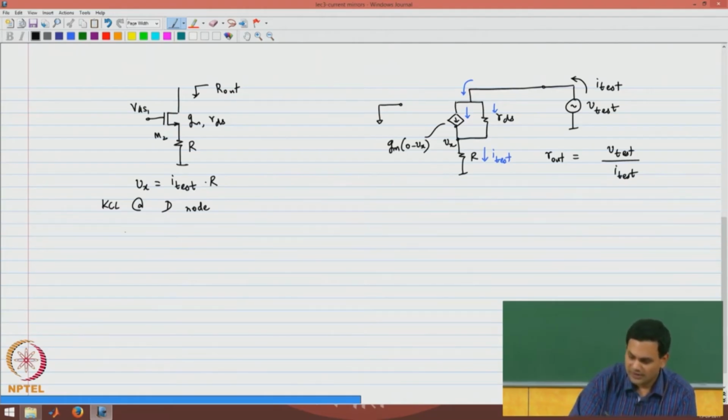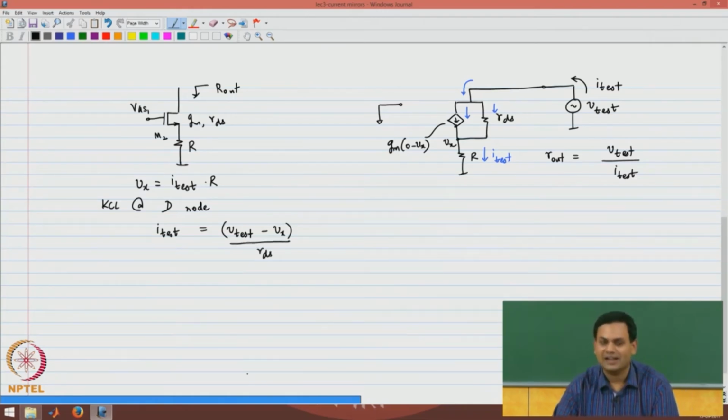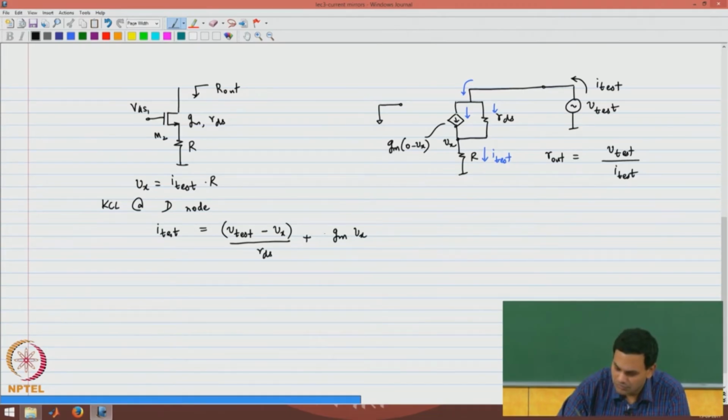So, the current flowing in is I test, that splits as V test minus Vx by RDS, that is the current flowing in the right side portion of the circuit, plus minus Gm Vx.